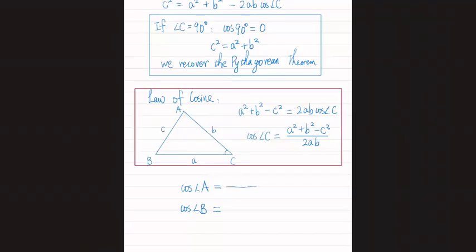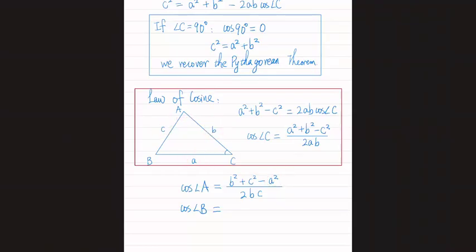If we have cosine A, what are the two adjacent sides? Amy. Would it be b squared plus c squared minus a squared over 2bc? Very nice. So the summation of the squares of the two sides adjacent to it, subtract the square of the side opposite to it.